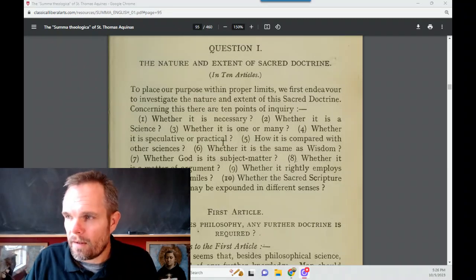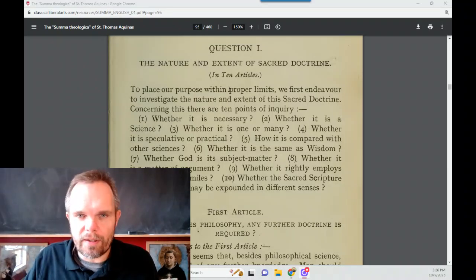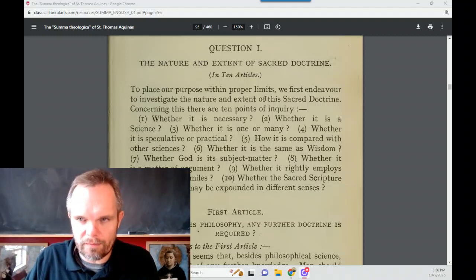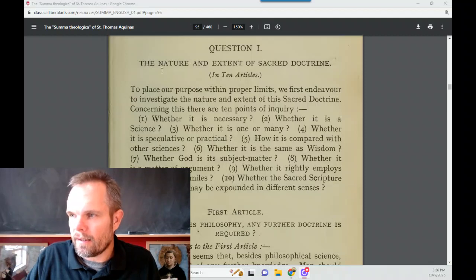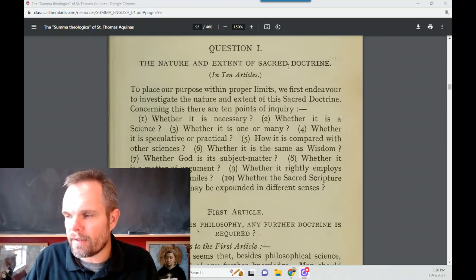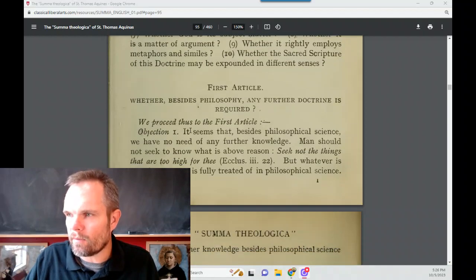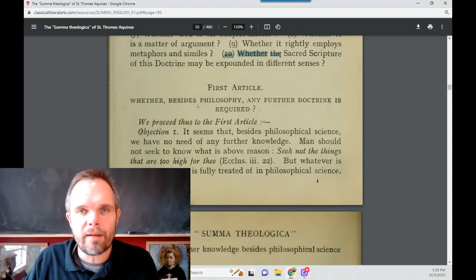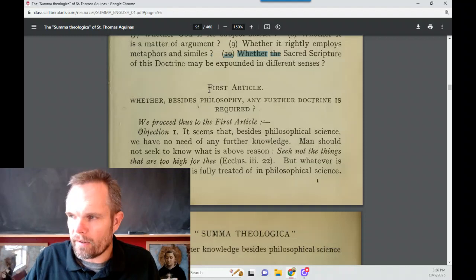Here we go. So for question 1, you can see here in lesson 1 of Summa Theologica 1, we've got the question, the nature and extent of sacred doctrine. We then go down and we see that St. Thomas has divided this question into 10 different articles. And we come to the first article here, whether besides philosophy any further doctrine is required.